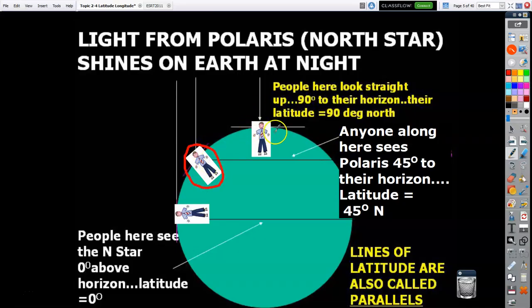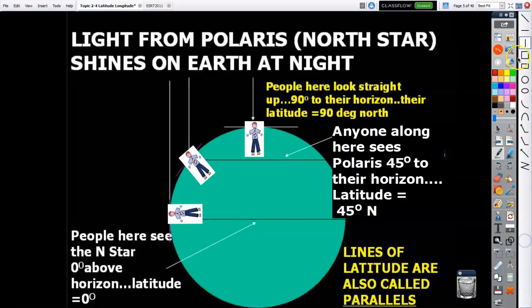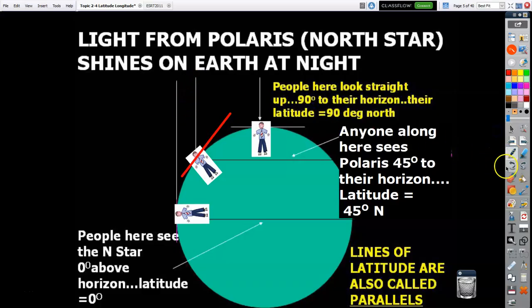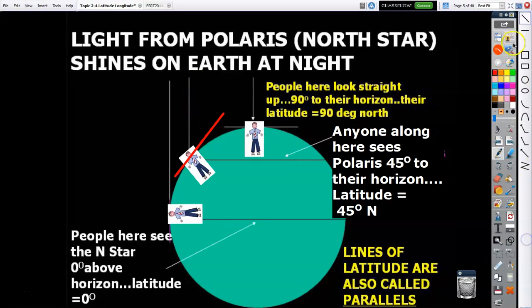This guy over here in the middle, they call these the middle latitudes. The guy up at the North Pole is called the upper latitudes. So now this guy at the middle latitude, his horizon line is right here, going through his line of sight. And the light from Polaris is coming down again, parallel lines like this, right to his line of sight.